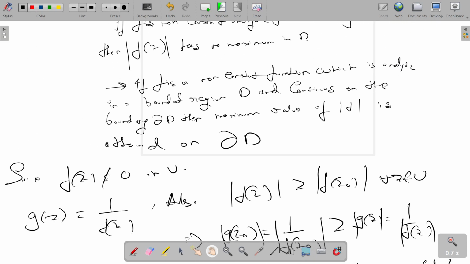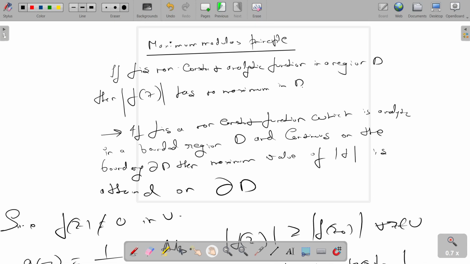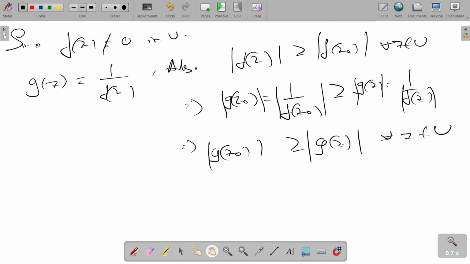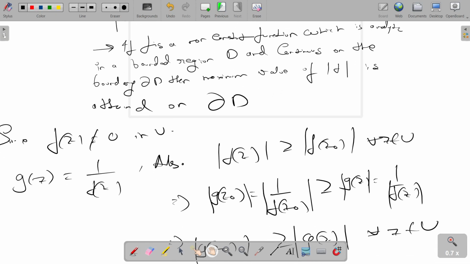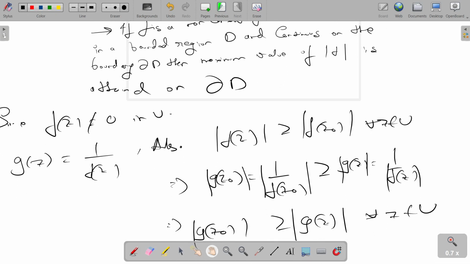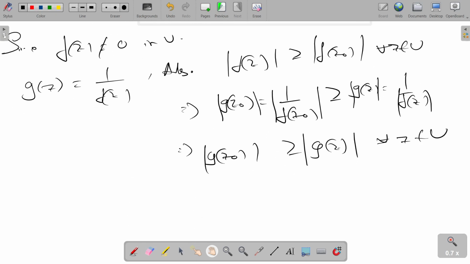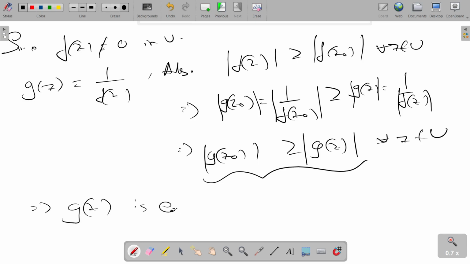The maximum modulus principle says that if f is a non-constant analytic function in region D, then f(z) has no maximum in D. And if it's continuous at the boundary, then the maximum value of mod f will be attained on the boundary of that region or open set D. So this contradicts the maximum modulus principle, which will imply that g(z) is constant, which will imply f(z) is constant, and then we can again use the identity theorem.